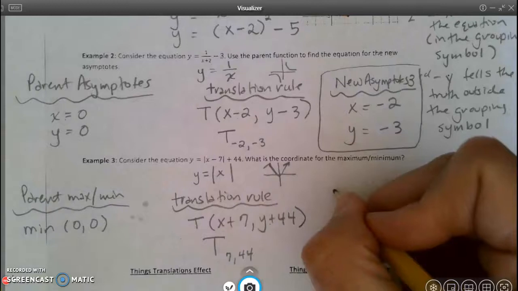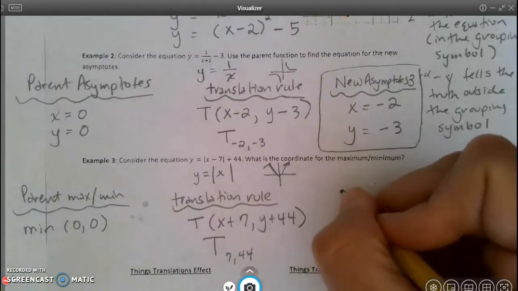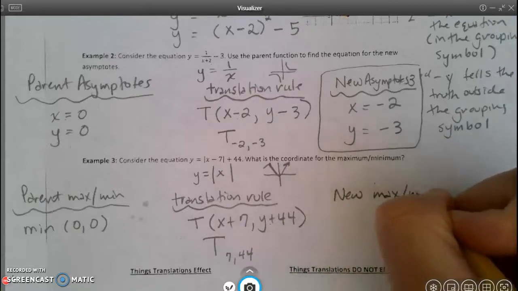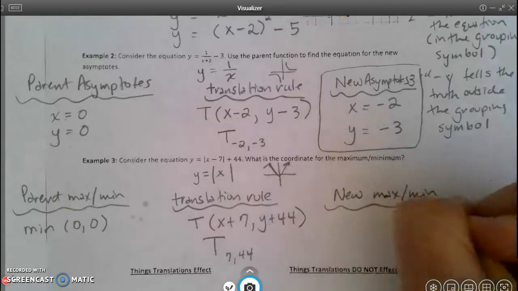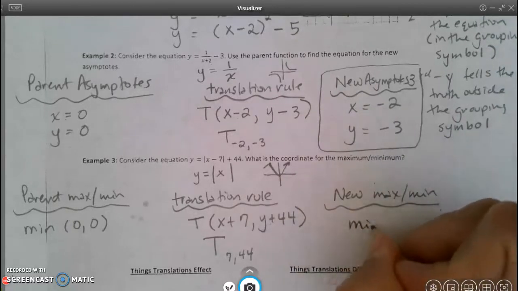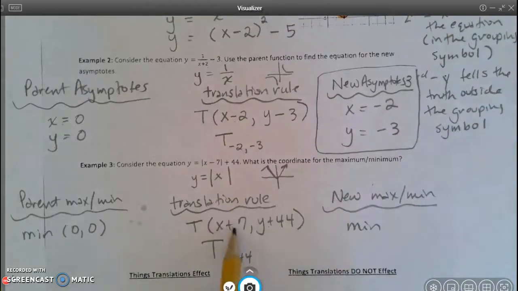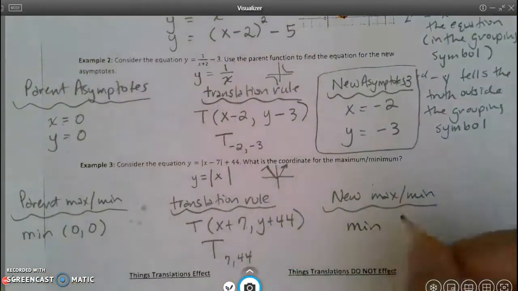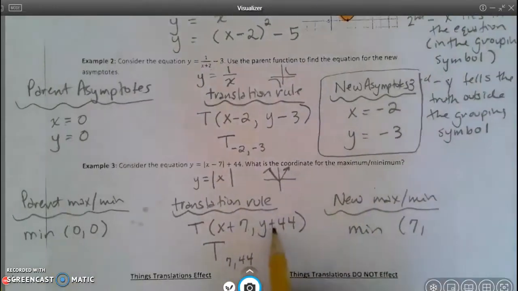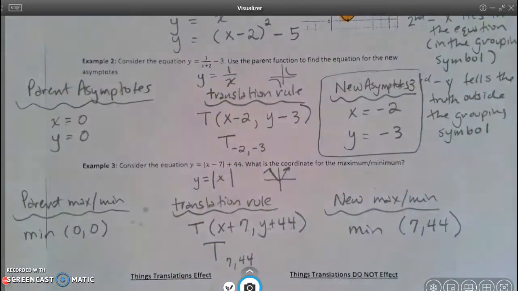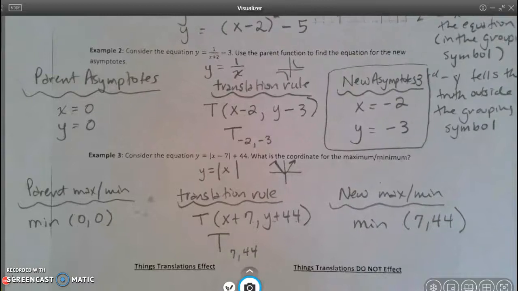And then I'll call it my new max or min. Well, it's a min, because the original was a min. And I'm going to add 7 to the x, so I get 7. I'm going to add 44 to the y, so I get 44. So there's my new max or min.